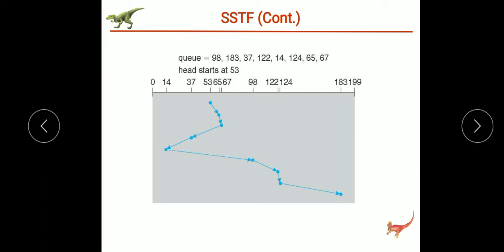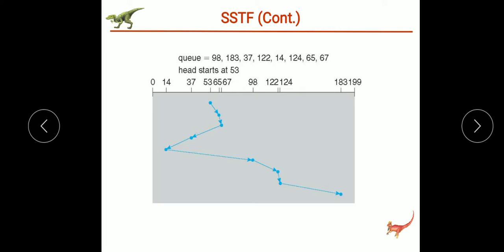But even though it gives reduced head movement, the problem with this algorithm is that it may cause starvation of some requests. What is starvation? If a particular request keeps on waiting to be served, we say it is being starved.